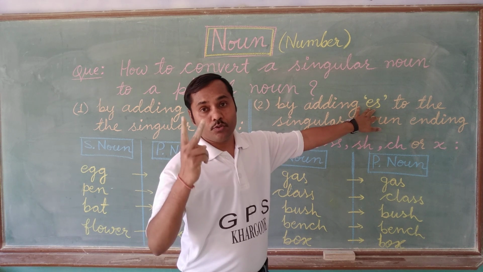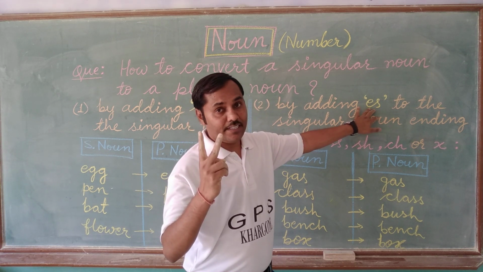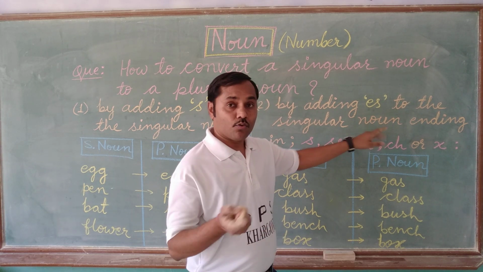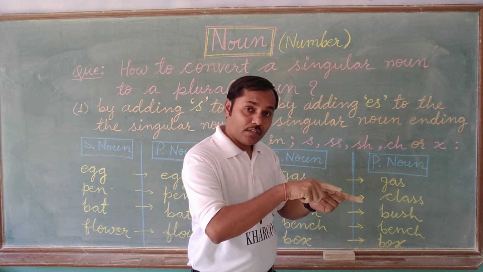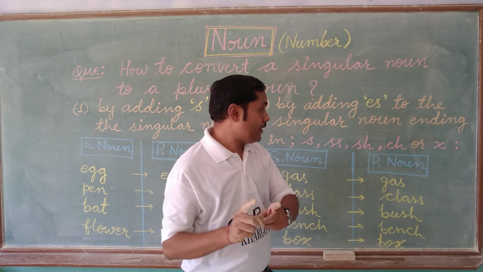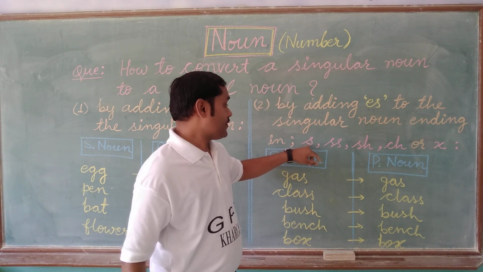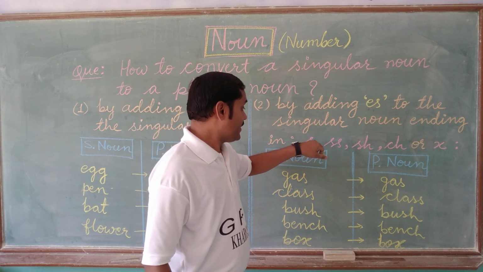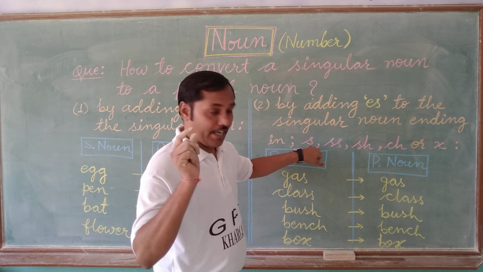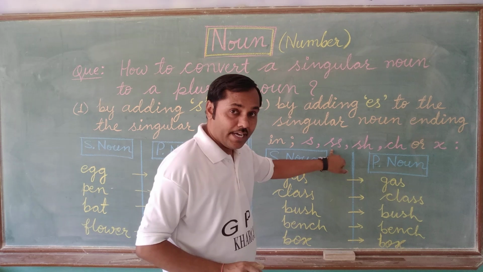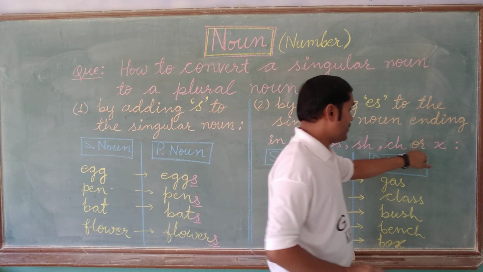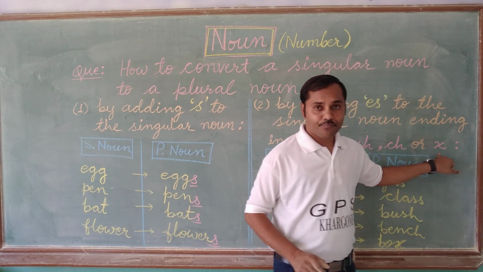Now we add two letters ES at the end of the singular noun to convert it into plural noun. But what are the conditions when we follow it? When any singular noun is ending in the letter S, double S, SH, CH or X.